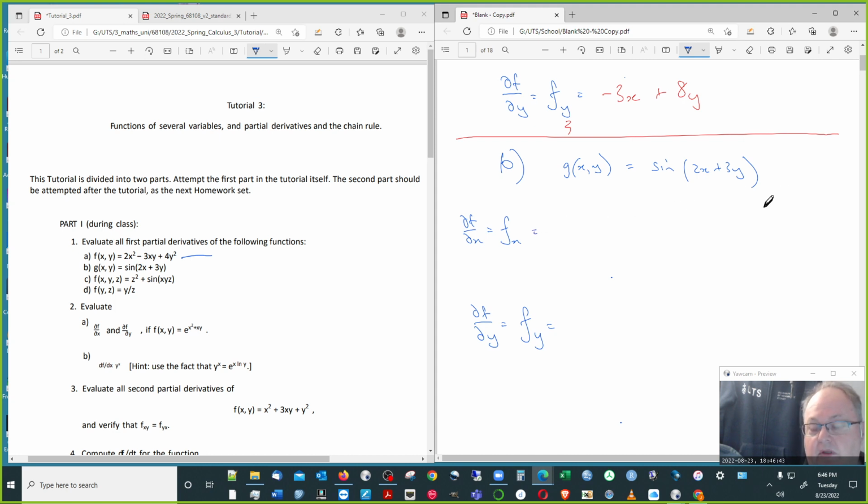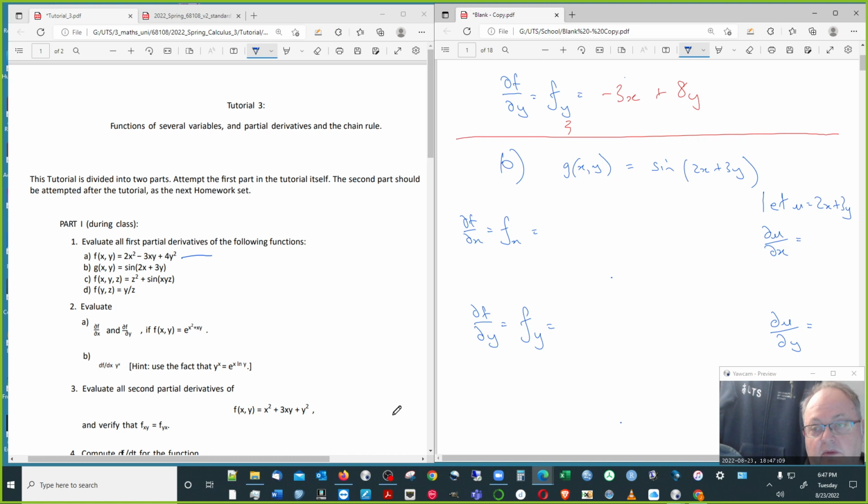So what we'll do over here is we'll let u equal 2x plus 3y, and then we'll have two sets. One is the partial u with respect to x, but down here we'll have the partial u with respect to y. So I'm doing them both together.